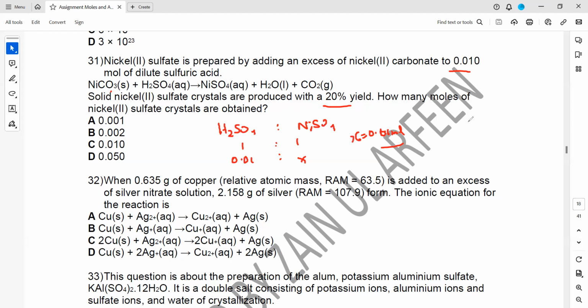So practically, how many moles will we get? We have the percentage yield. Percentage yield is the practical value multiplied by 100 divided by the theoretical value. The yield is only 20%, so this will be 20. Practically, we don't know what amount we get. 100 divided by theoretical, which is 0.01.